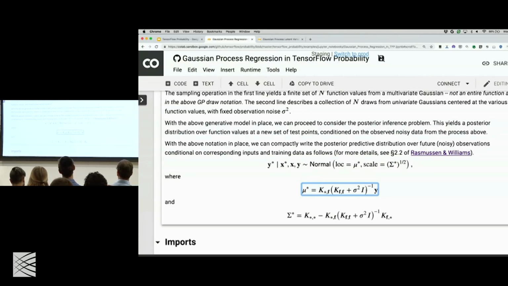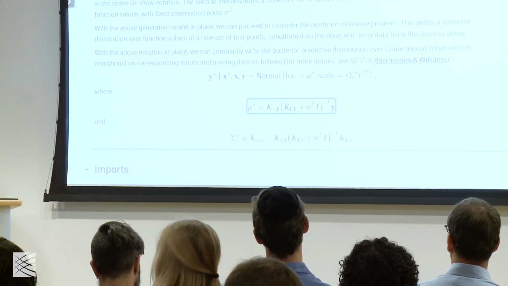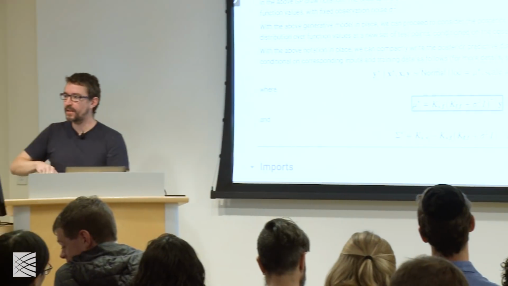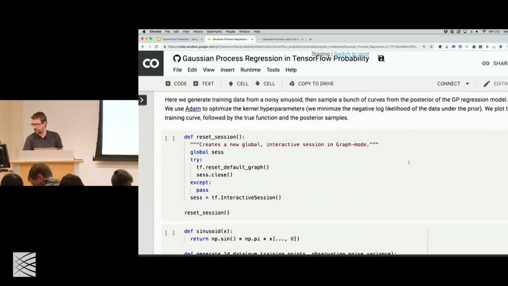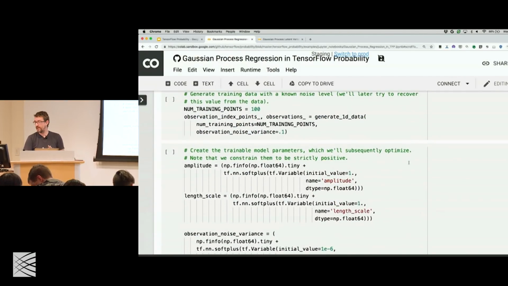Yeah. And another question: the log probability function. Should I think of this as, I have these points in the domain and the values of the function that I observe, and is the log probability referring to the probability of observing another value at a different point in the domain, or is it something else? Right. So in the part where we're optimizing the model parameters.